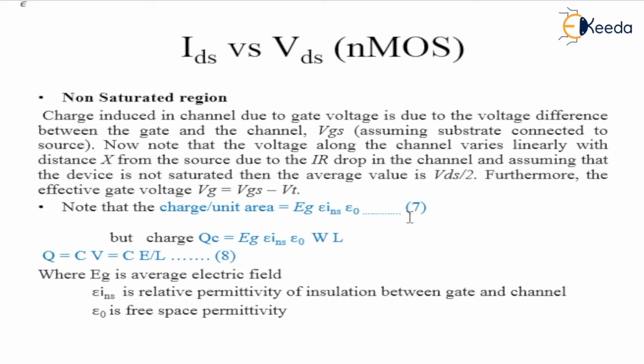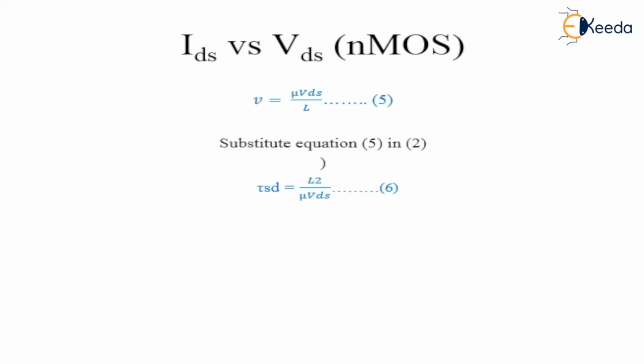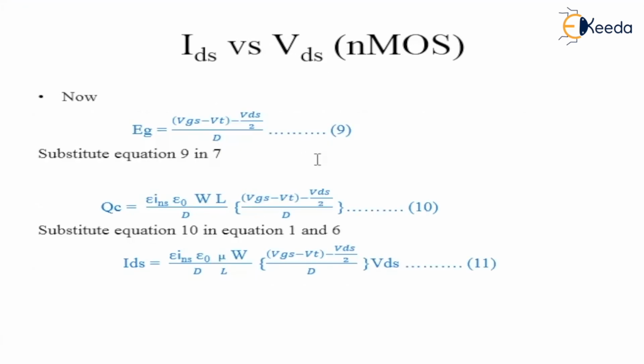Now substitute equation number 9, this one, in equation number 7. In the place of Eg substitute VGS minus VT minus VDS by 2 by D. Then the resultant looks like this.